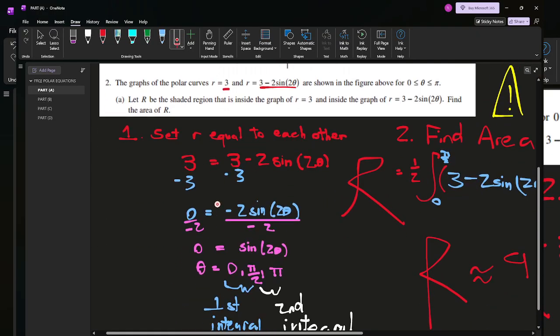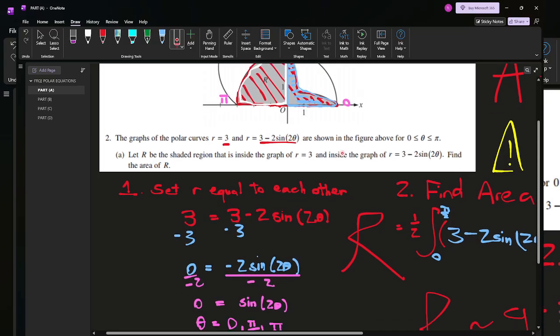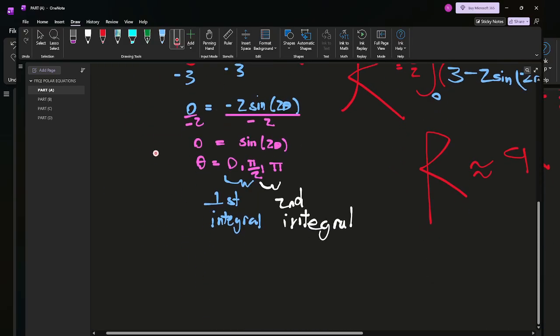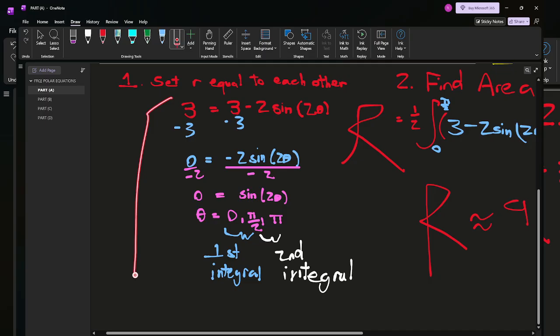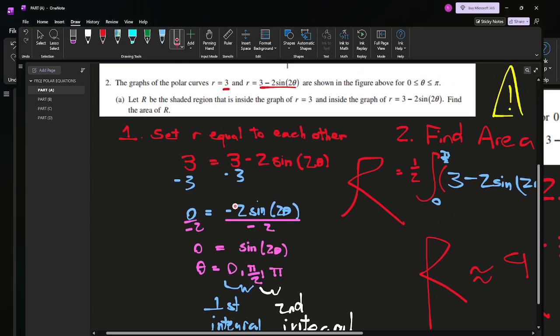Number one, set the r's equal to each other to find the intersections to use as the integration limits. A little bit of simple algebra, and I got theta equals 0, pi over 2, pi. These are all the intersections where the two are equal.